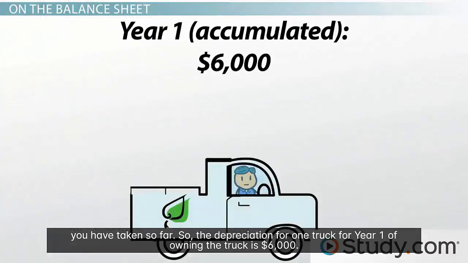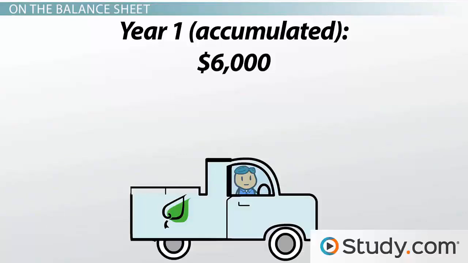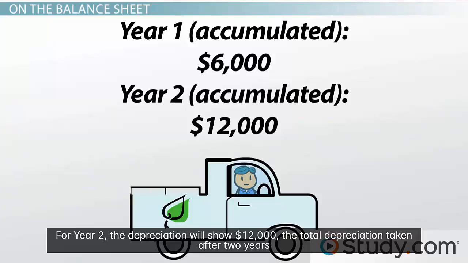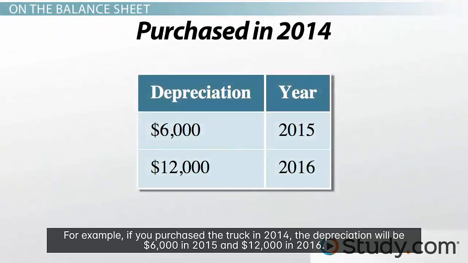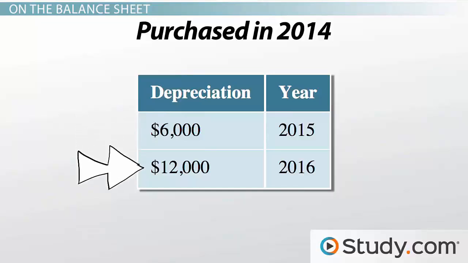So, the depreciation for one truck for year 1 of owning the truck is $6,000. For year 2, the depreciation will show $12,000, the total depreciation taken after 2 years. For example, if you purchase the truck in 2014, the depreciation will be $6,000 in 2015 and $12,000 in 2016.